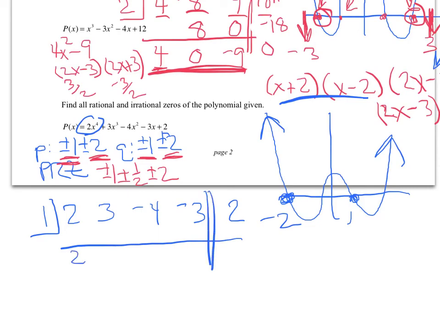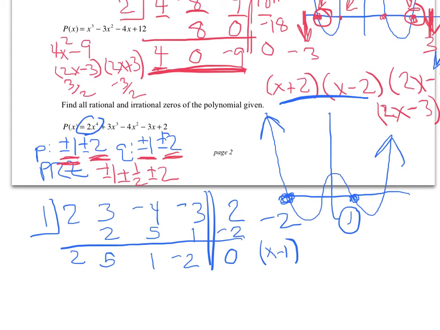Now 2 times 1 is 2, plus 3 is 5. 5 times 1 is 5, minus 4 is 1. 1 times 1 is 1, minus 3 is negative 2. Negative 2 times 1 is negative 2, plus 2 is 0. So now I have 2, 5, 1, and negative 2 for my reduced coefficients. And remember, those are the coefficients of the degree 3 polynomial. That's the quotient. The remainder is 0. And I've just shown that 1 is a zero. Therefore, I know that x minus 1 is a factor.